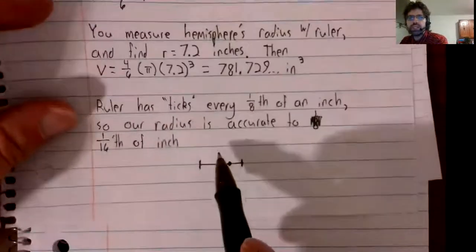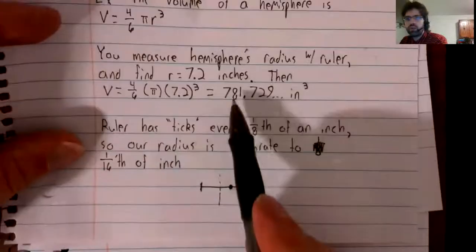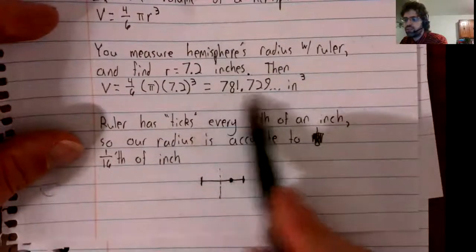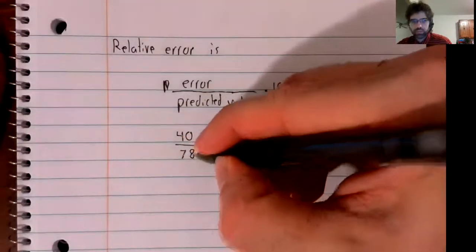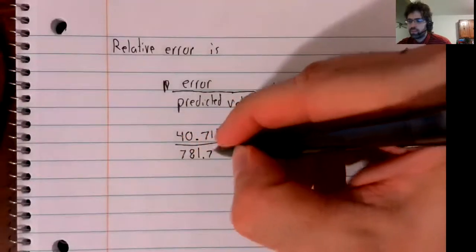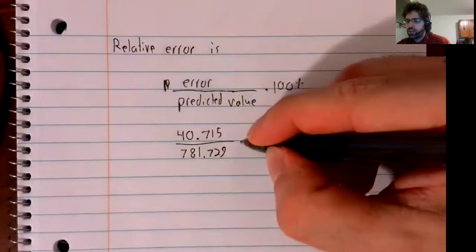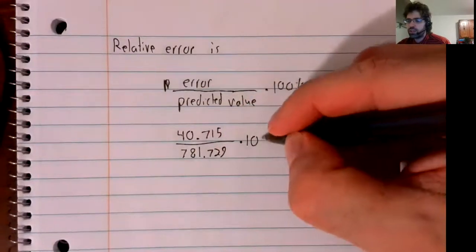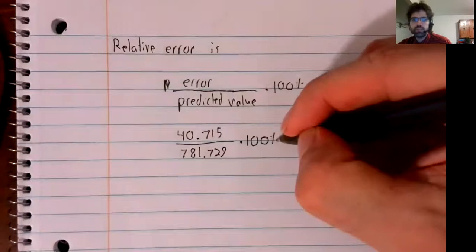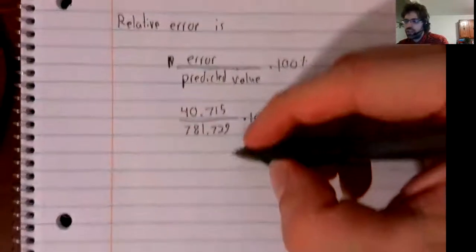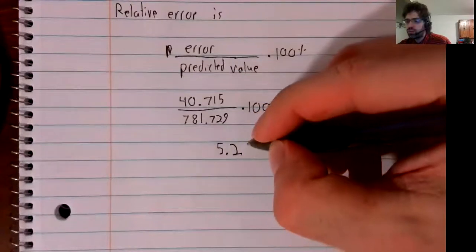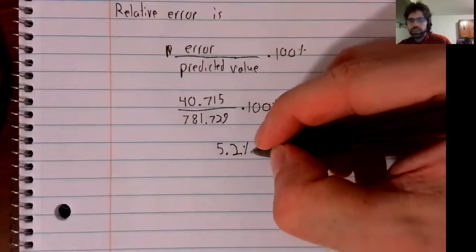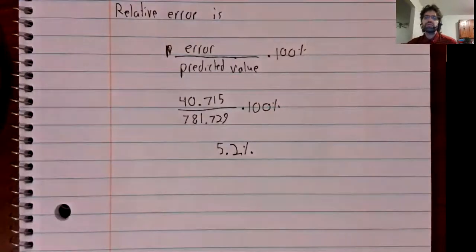We predicted the volume to be this. Times 100. And this is about 5.2%.